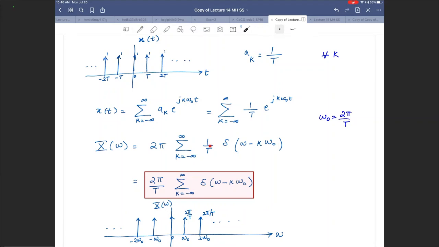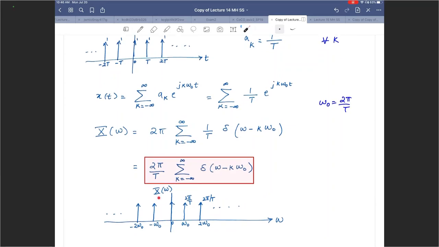1 over T is independent of k, so it can come outside of the summation. All you have is a summation over k of impulses at integer multiples of omega naught. So you can sketch X of omega like this. X of omega is a summation of all impulses. Let me highlight them a little bit more in red. Impulse, impulse, impulse, impulse, and so on.